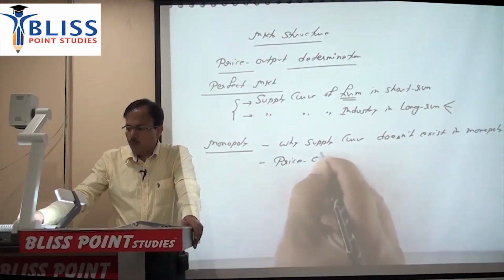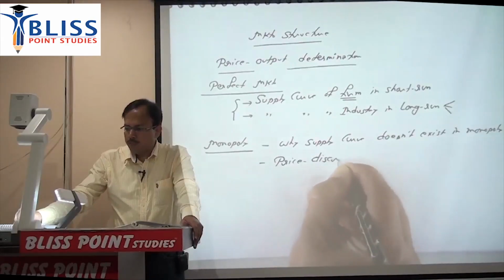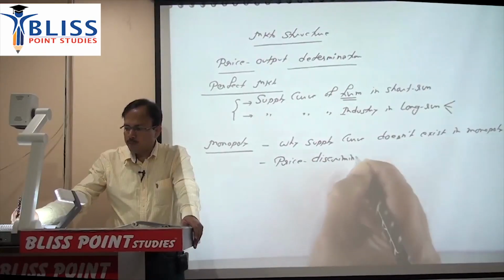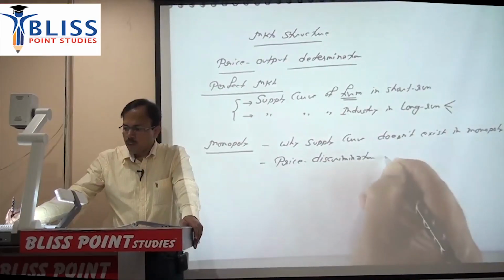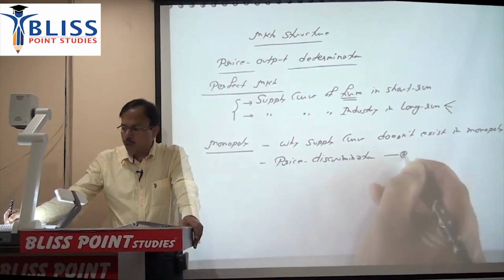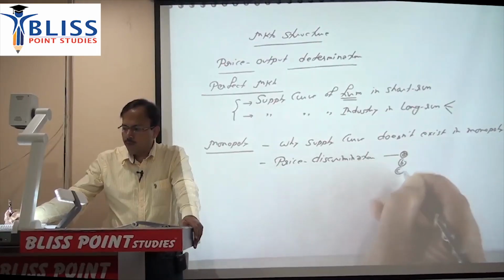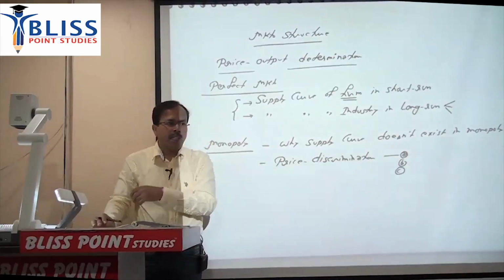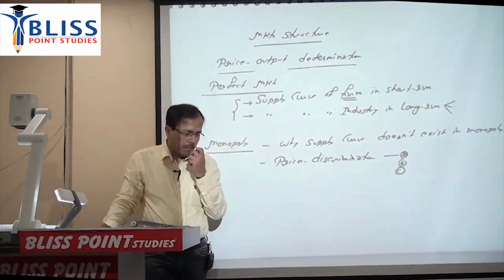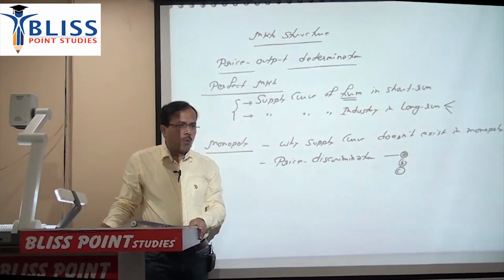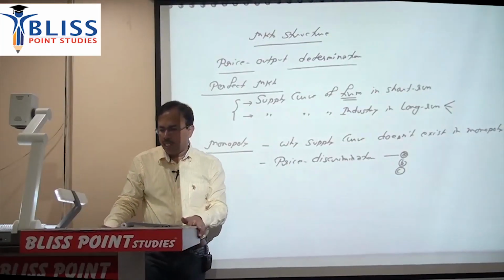After that, one important question will be price discrimination, and that price discrimination could be of three forms: first degree, second degree, and third degree.